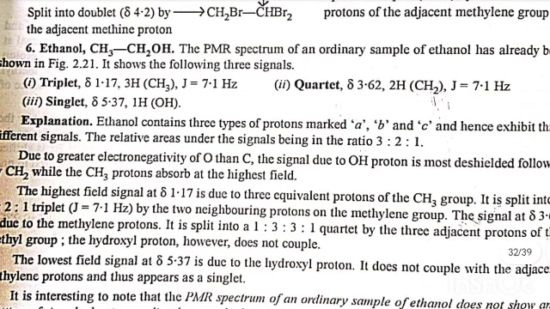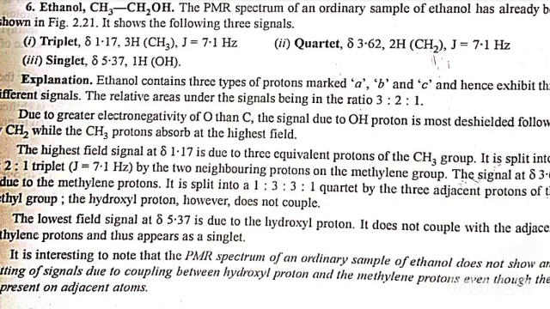Ethanol. The PMR spectrum of an ordinary sample of ethanol has already been shown. It shows three signals: triplet at delta 1.17 for three protons at 7.1 Hz; quartet at delta 3.62 for two protons at 7.1 Hz; singlet at delta 5.37 for one proton.